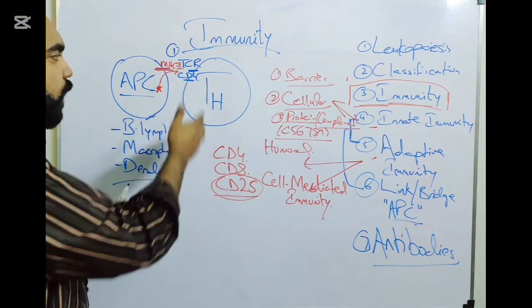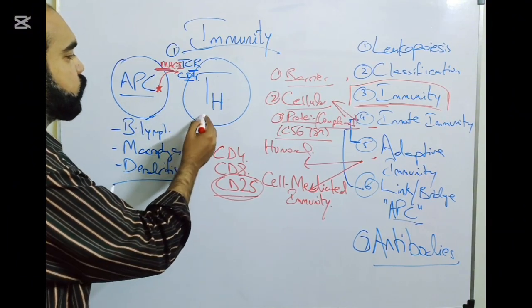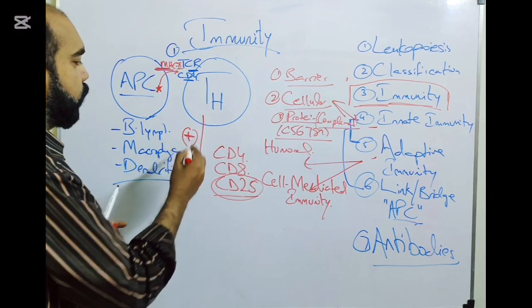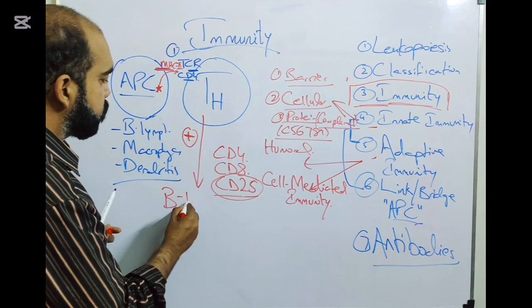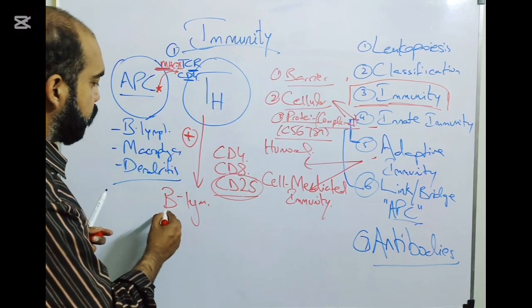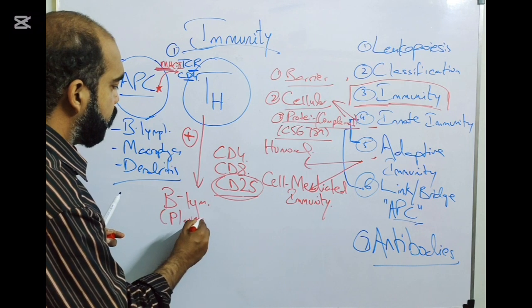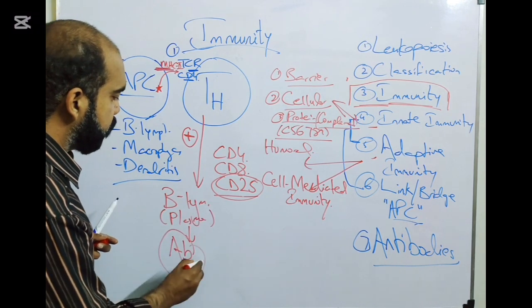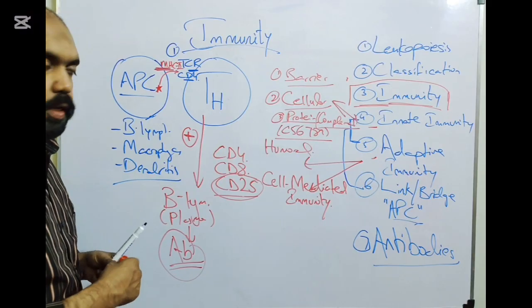And once this happens, these helper T lymphocytes are activated and they stimulate B lymphocytes to become large plasma cells, and they produce a specific antibody against that microorganism.